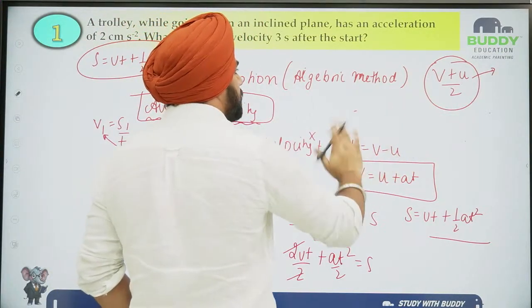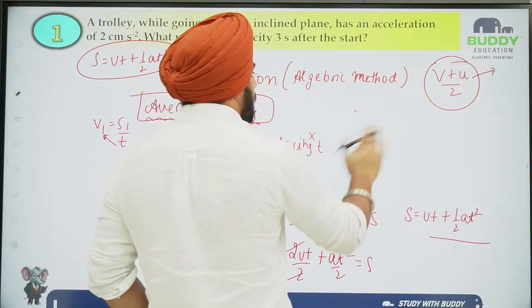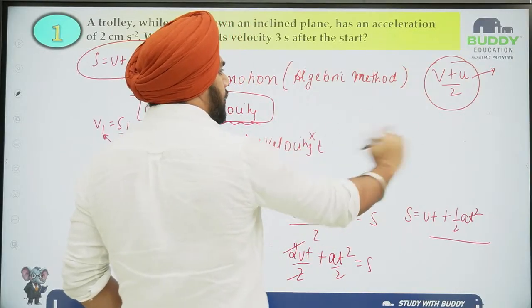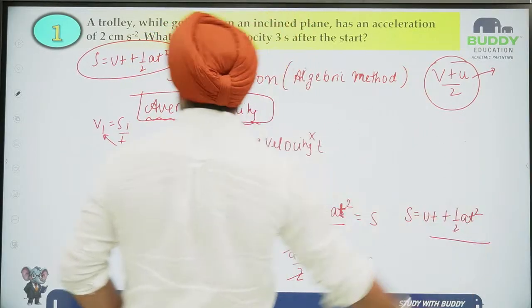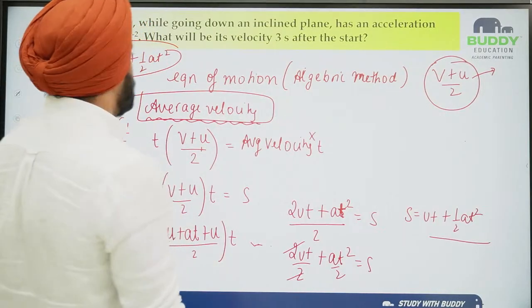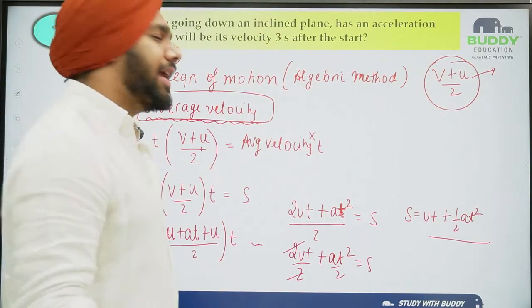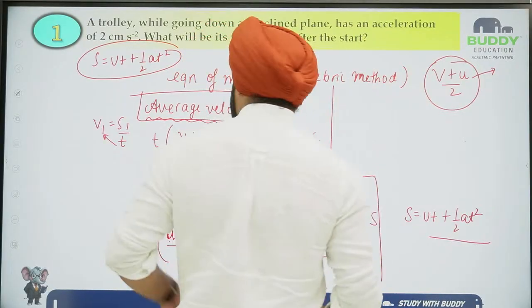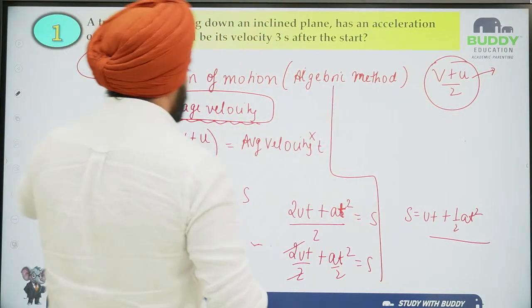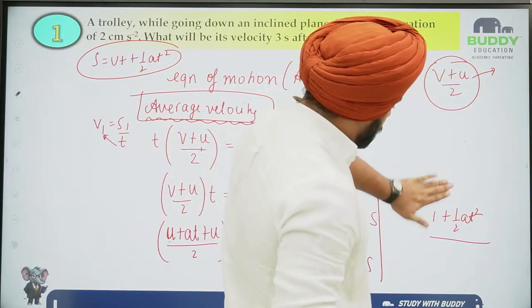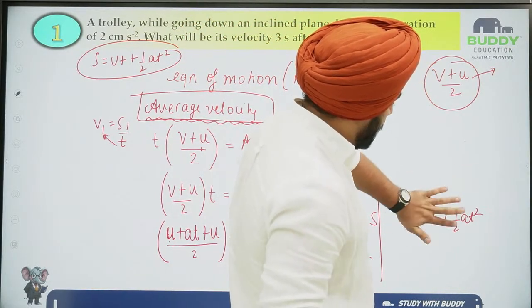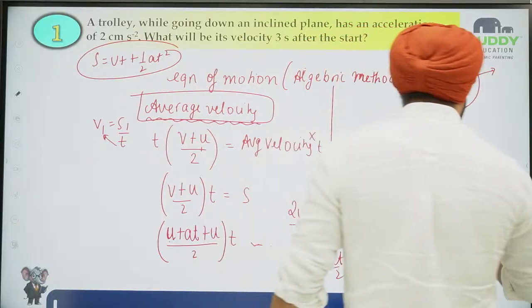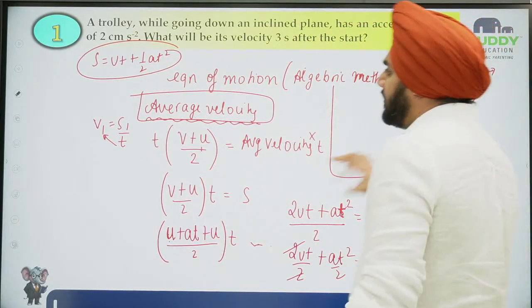The first equation of motion, I hope that you guys have copied down, and anyways you can re-watch it if you want to note it down. Now coming to the third equation of motion, again starting with the same concept. The only difference is that in the second equation of motion we changed the variable v.